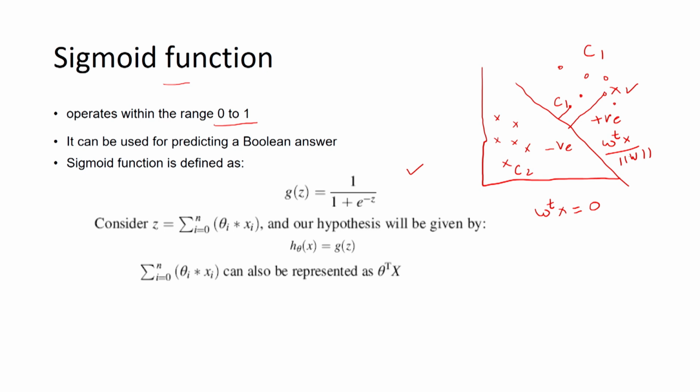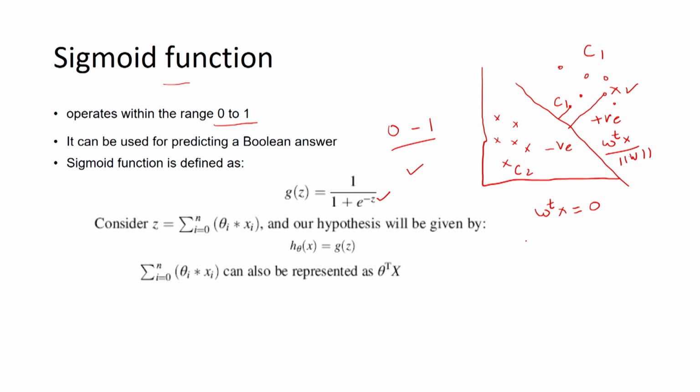If we put this distance W transpose x here, all these distances will be converted to values from 0 to 1.